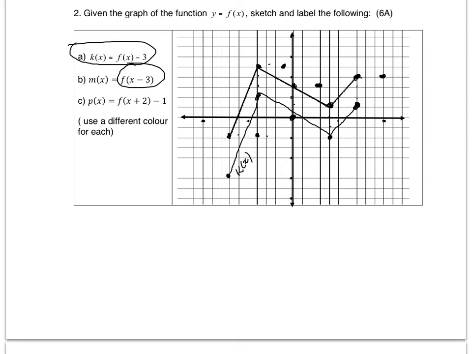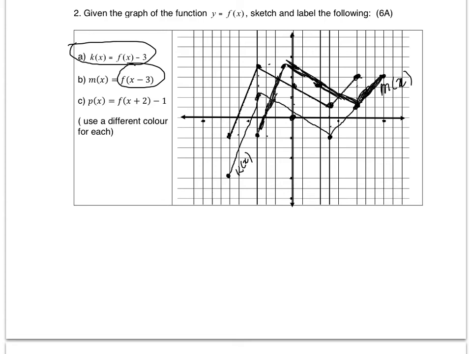So I'm going to get something like the following. So this represents m of x.